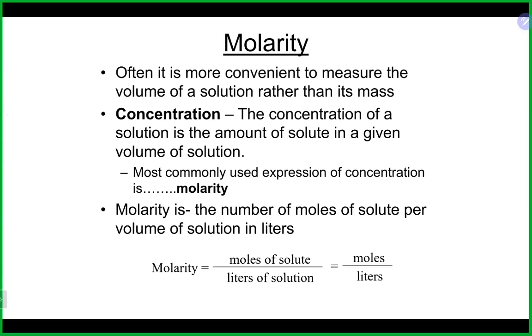So big M, the real units are moles of solute divided by liters of solution, but most people just call molarity big M moles per liter. So that is definitely the most common unit of concentration that you come across.